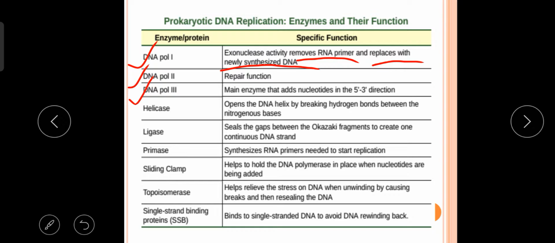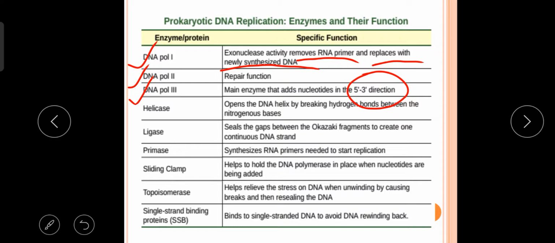DNA polymerase 3 is the main enzyme in prokaryotic replication because it always synthesizes the new DNA strand in the 5 prime to 3 prime direction. That means the new strand is always synthesized from 5 prime to 3 prime.